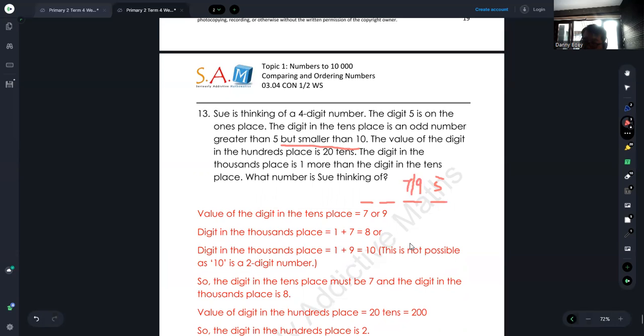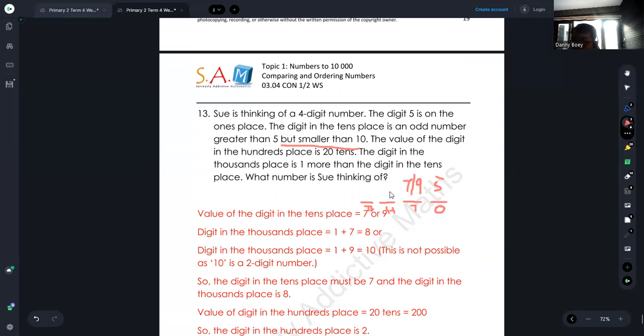You can write it this way, with mid spacing. So you say not confirmed yet. And the value of the digit in the hundreds place is 20 tenths. This is the hundreds place, right? Oh, sorry, you should write this out so it's easier for them first: ones, tens, hundreds, and this is thousands. So the value of the digit in the hundreds place is 20 tenths.